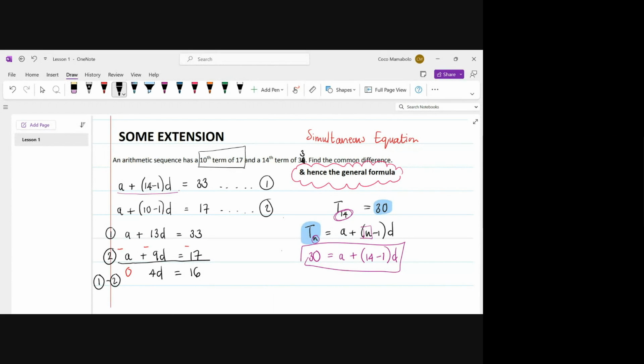Now I've eliminated A, and I can find the common difference. I've got 4D equals 16 left, so I can divide by 4, divide by 4. Therefore, our common difference D is equal to 4.